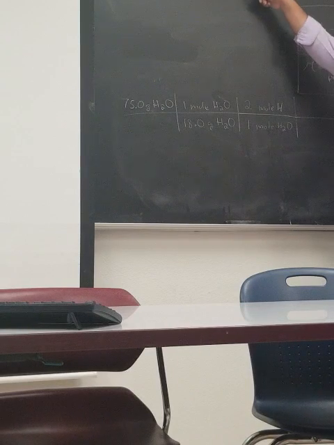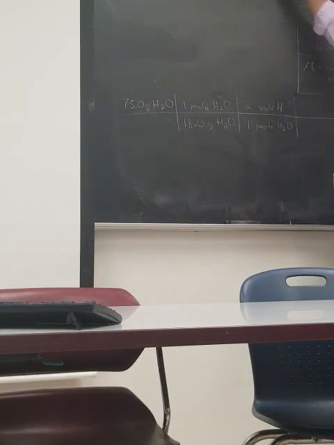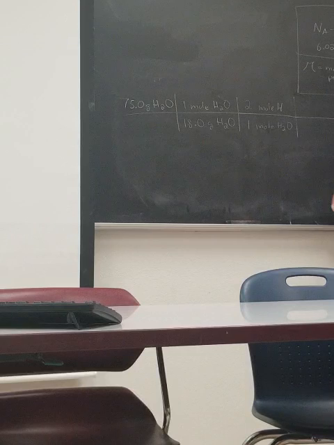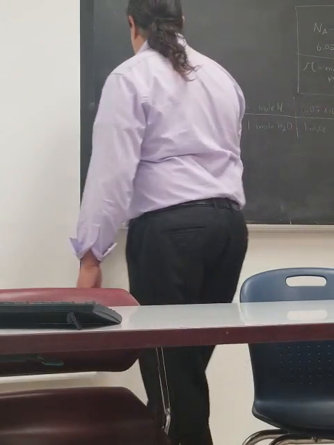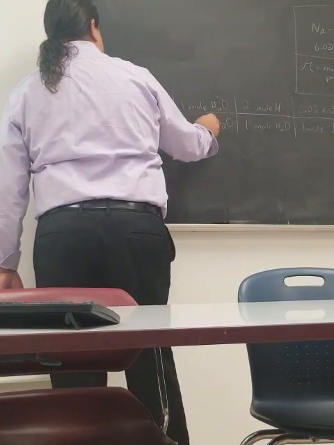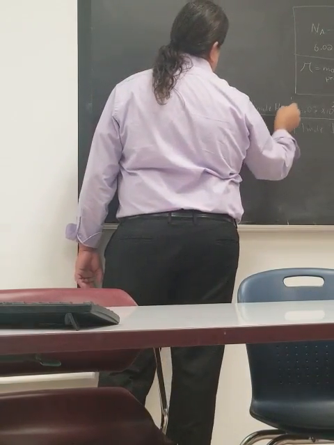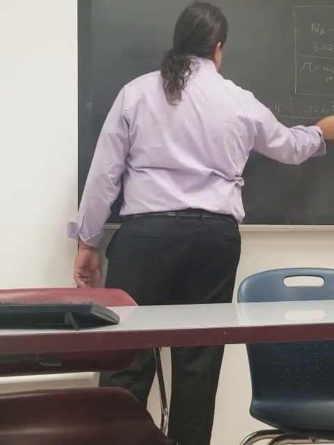And now that we have moles of hydrogens and we're looking for atoms of hydrogen, we multiply times Avogadro's number. Grams of water, moles of water, moles of hydrogen.